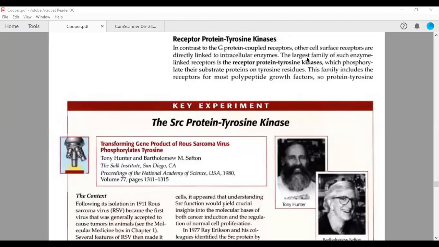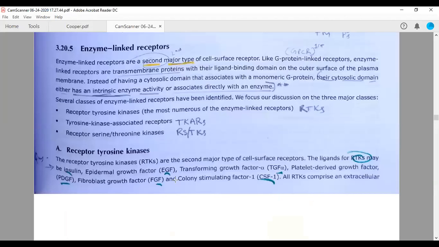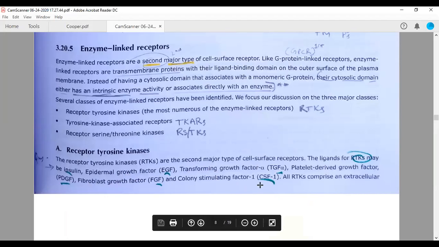Okay, so this family of tyrosine kinases includes the receptors for most polypeptide growth factors. So you need to underline this. Most of the polypeptide growth factors, whether it is insulin or epidermal growth factor, platelet-derived growth factor, and so on and so forth, many were discussed in yesterday's class also. Examples are given here: transforming growth factor, fibroblast growth factor, colony stimulating factor 1, all are coming under these receptor tyrosine kinases.